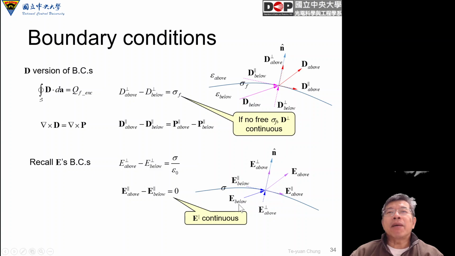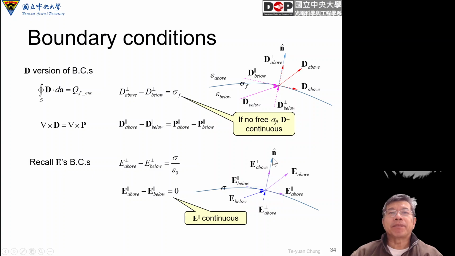We separate it into the parallel one and the perpendicular one, using the symbols perpendicular and parallel, and also the field in the upper medium and the lower medium. And we also need a surface normal vector.